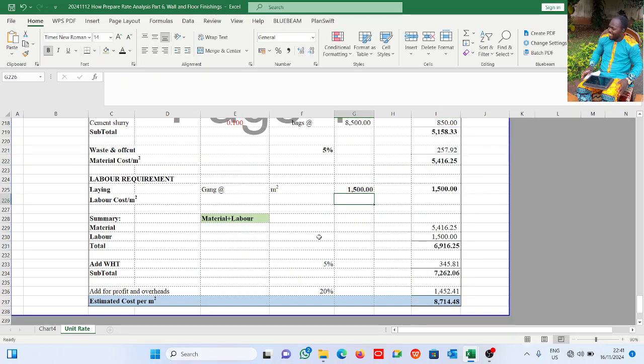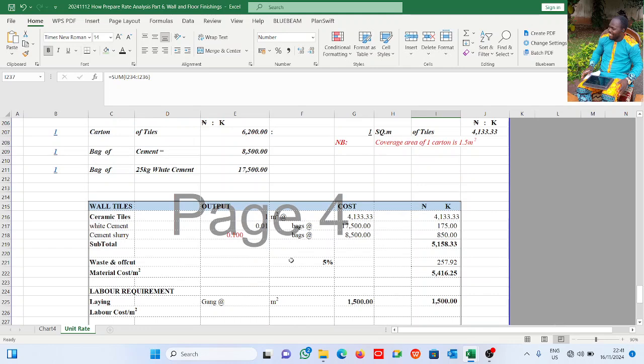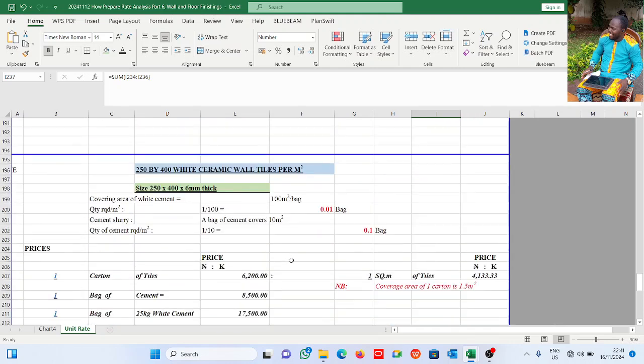All right, then we have the material and the labor added together. We add withholding tax, then we add profit and overhead. Now basically this is how you prepare the rate analysis for both wall and floor finishings.